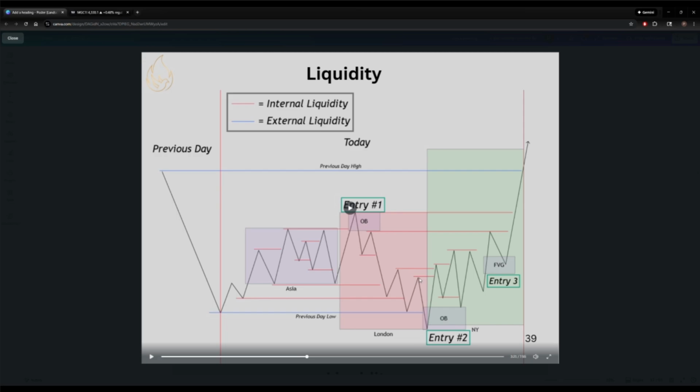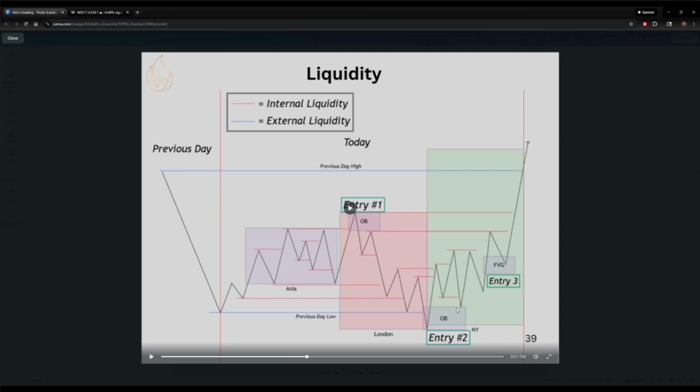Notice how we close above this line here, so we're confirming CISD. This is a good example: notice how we don't tap into the order block, but we still break structure to the upside.